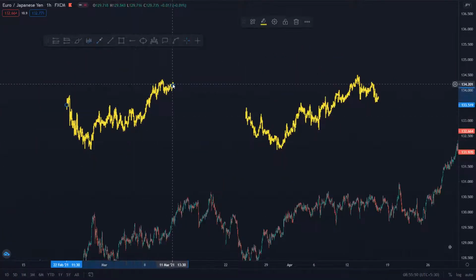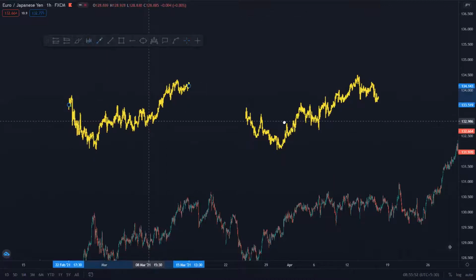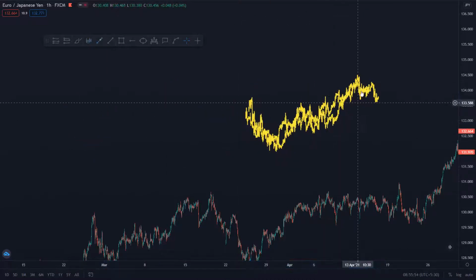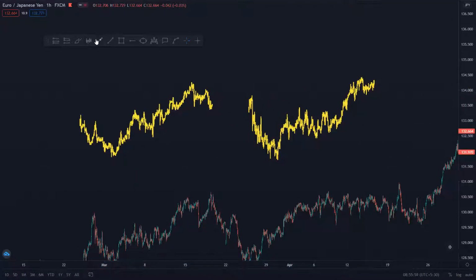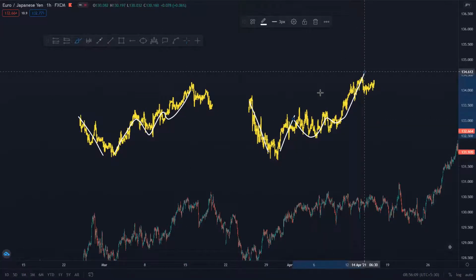Not by candle, but by the structure I'm talking about. Price moved down, it also moved down. Price moved up, it also moved up. Then it will move down, then it will move down.